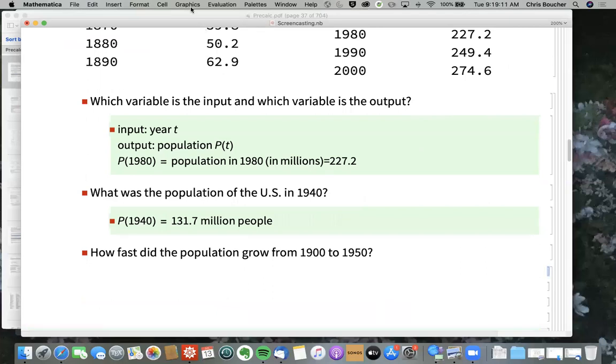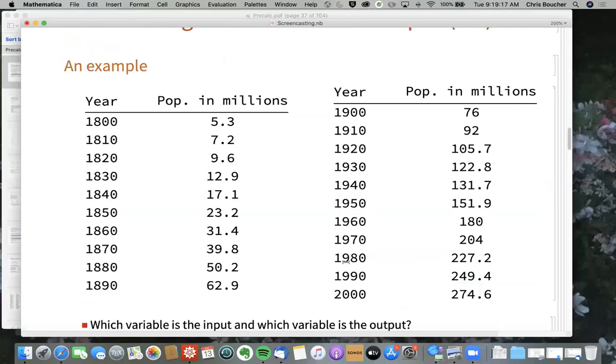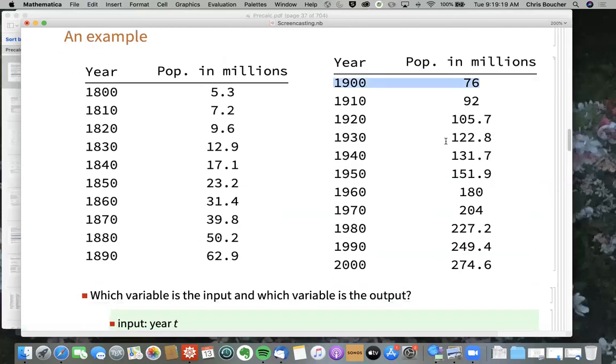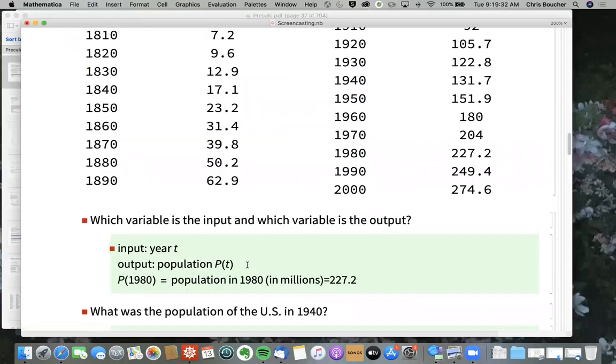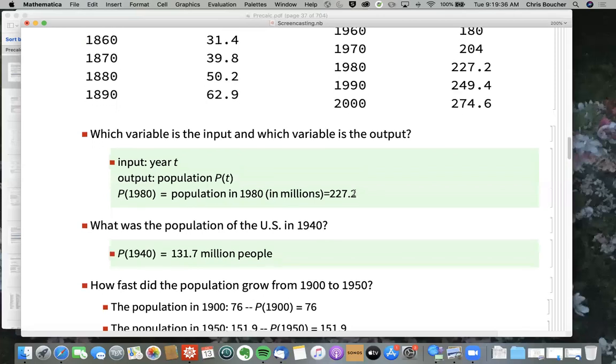A couple of preliminary pieces of information. The population in 1900, well, that's easy enough to figure out, is 76 million. Now, this doesn't answer the question, but it looks like a relevant piece of information. So it's worth writing down that P of 1900 is 76. And similarly, the population in 1950, again, we can read that right off the table here, is 151.9.